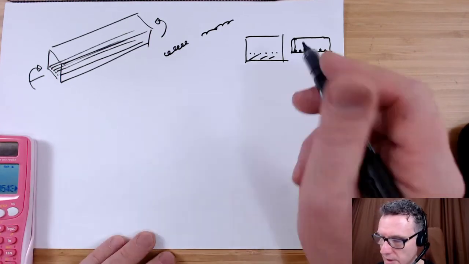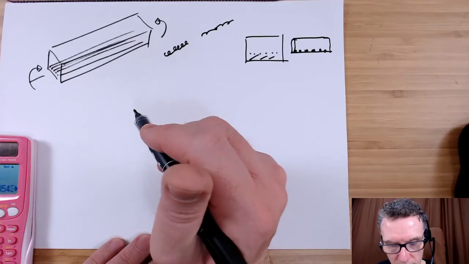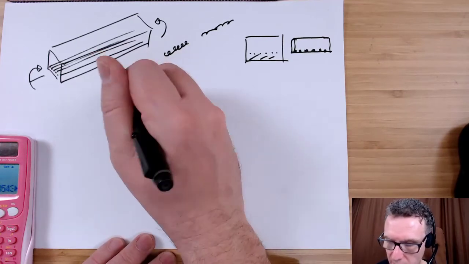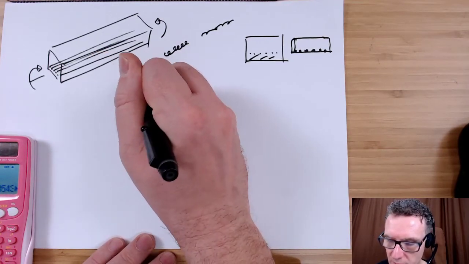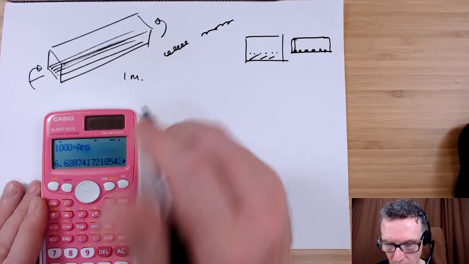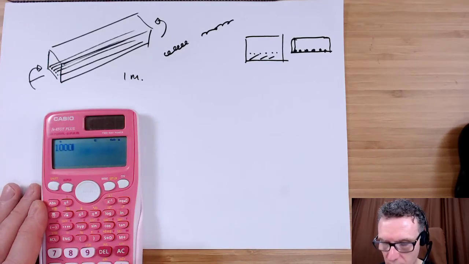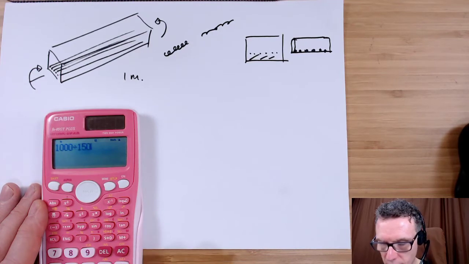So I guess what we can do, since we haven't actually been given a width, is work in terms of 1 meter, and say that 1 meter divide that by 150.